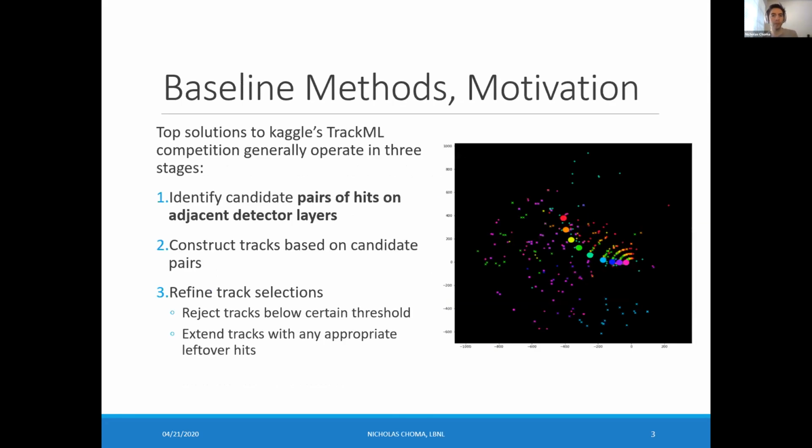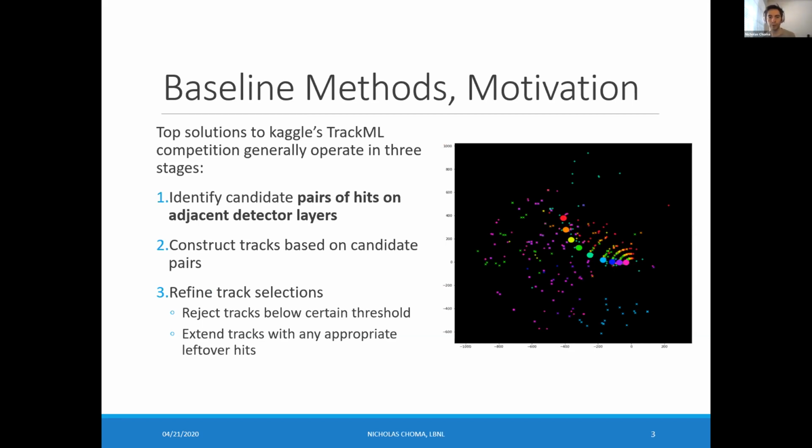To give a little bit of motivation for this method: in a lot of the top solutions to this TrackML competition, the first thing they do is identify pairs of hits that are likely to belong to the same track.